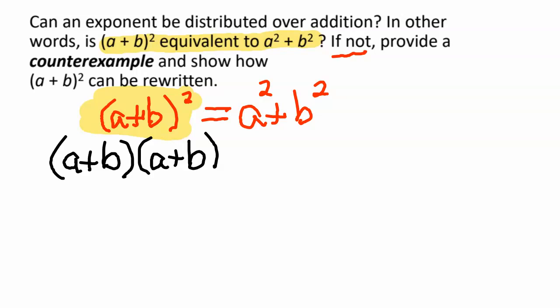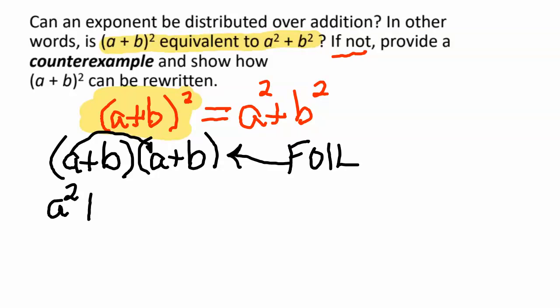And remember, this is FOILing, which is saying A squared, this A multiplies by this A, plus A times B plus.